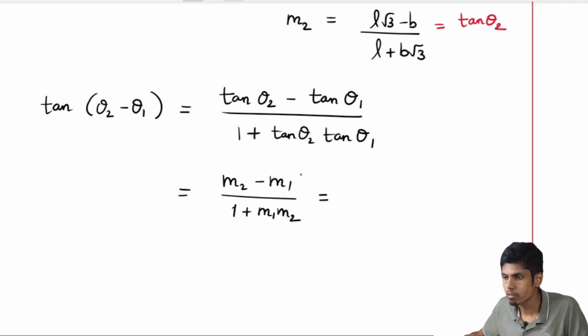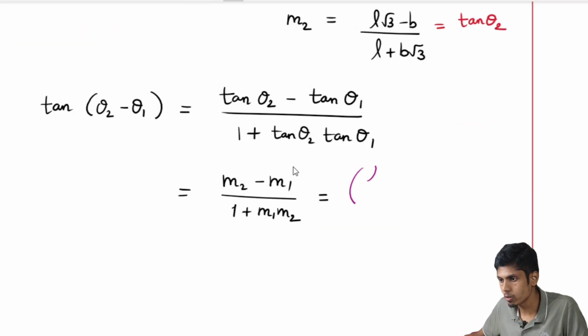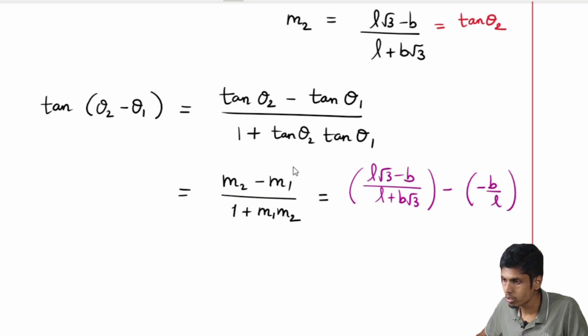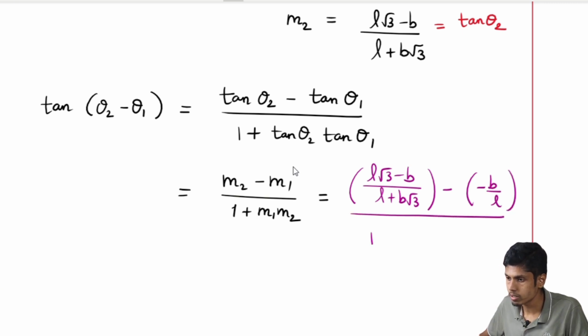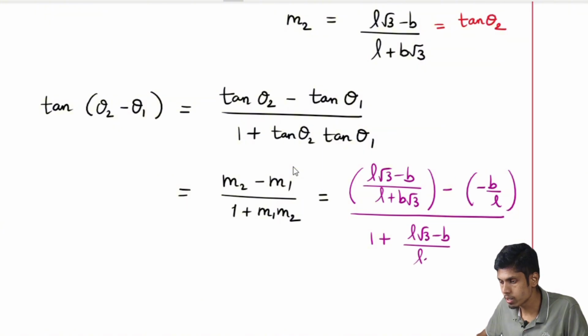Let us substitute the values. You get (L root 3 minus b upon L plus b root 3 minus b by L) upon (1 plus L root 3 minus b by L plus b root 3 times minus b by L).